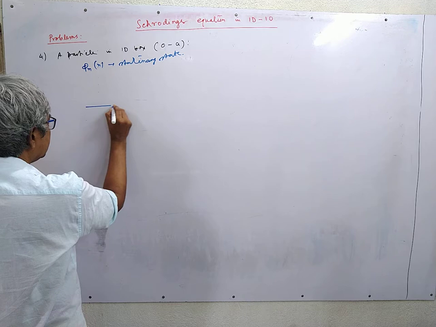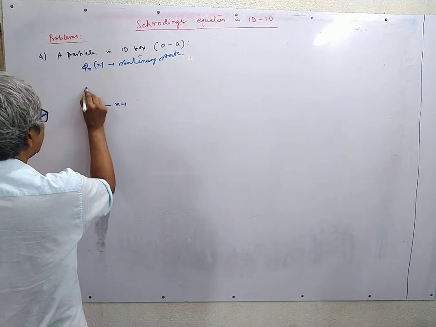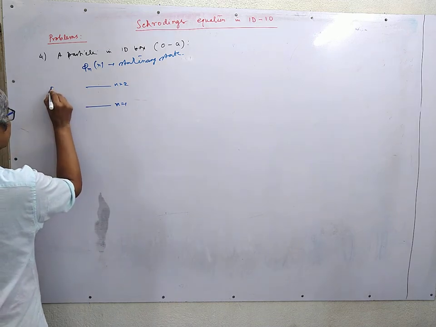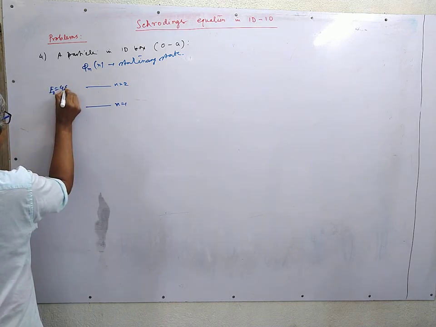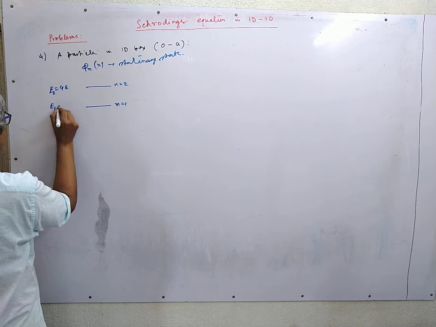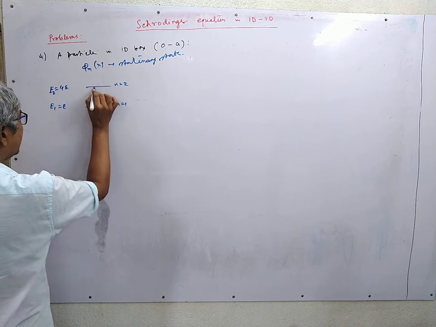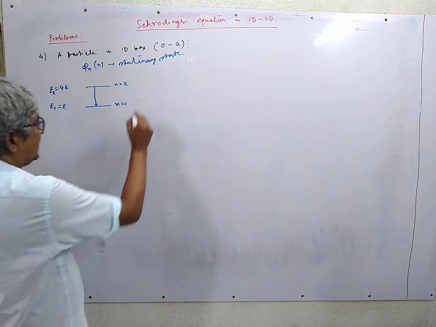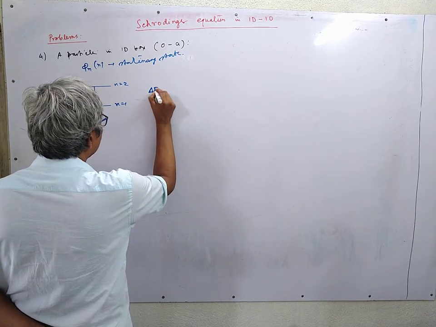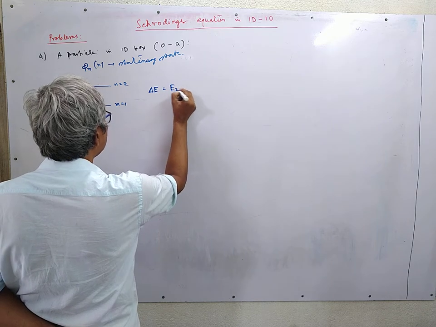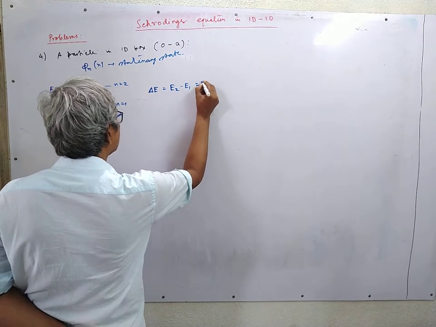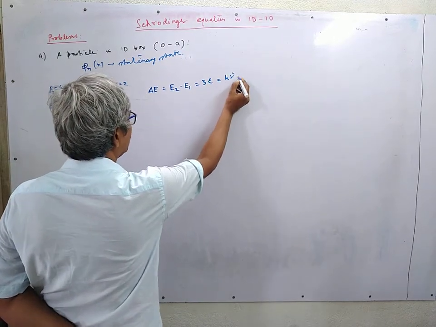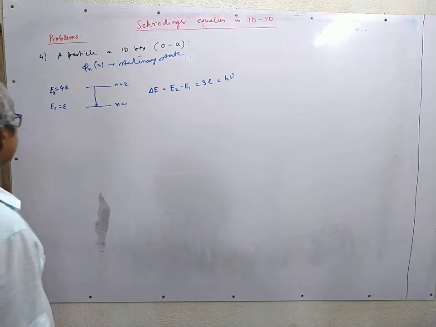So the energy levels: E2 is 4 epsilon, and E1 is epsilon. So when an electron makes a jump from 2 to 1, delta E is equal to E2 minus E1 is equal to 3 epsilon, and this appears as h nu. So this will be the frequency.